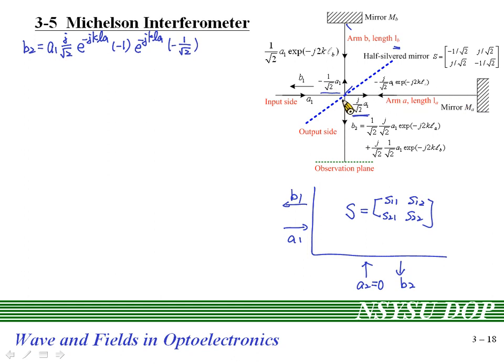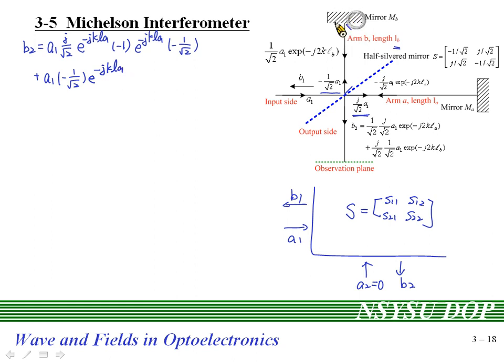Another component goes along this path. We still start with A1, and first, reflected by this mirror, we must multiply it by minus 1 over square root of 2. And going along the length LB, it will have the phase delay by this term.